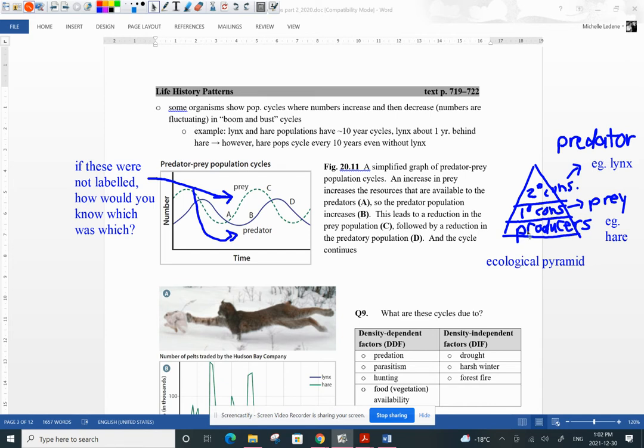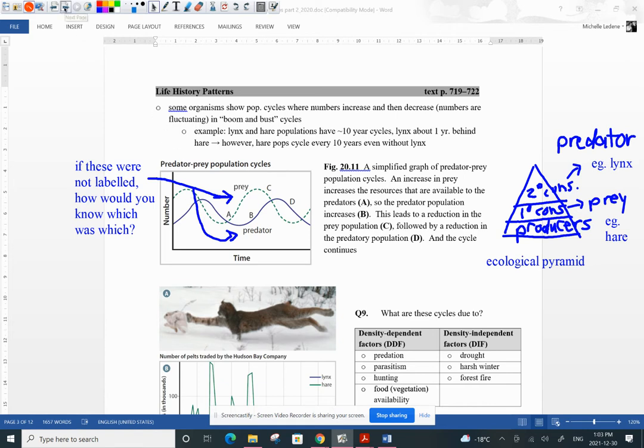At the bottom, the base is bigger, and that's where the producers are, because they have a higher population. Then a primary consumer, like the prey, like the hare, would be next, so lower numbers. Moving up the trophic levels, or feeding levels, we have fewer numbers, and that would be the predator. So going back to this, the predator should have fewer numbers than the prey, and that's how you would know which was which.